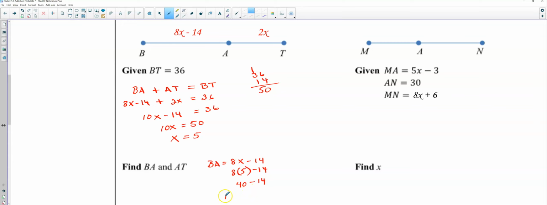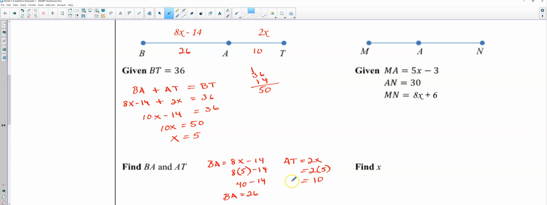So BA equals 26. If BA is 26, then AT must be 2 times 5, which is 10. And 26 plus 10 equals 36. So AT equals 2x, or 2 times 5, which is 10.